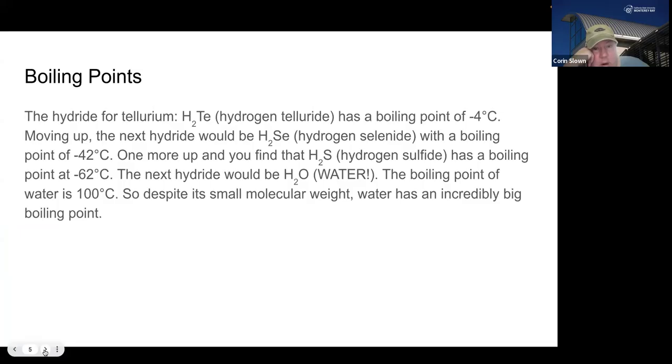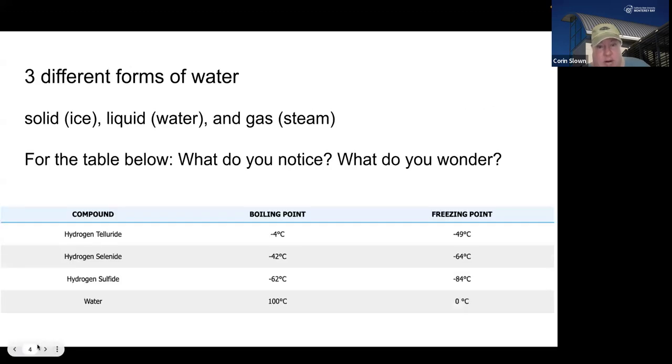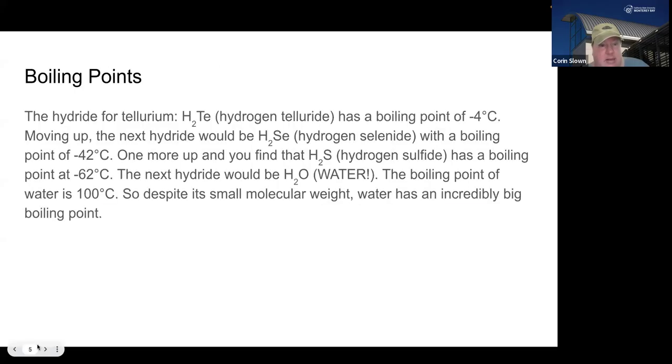And then, right, one more up, and that's H2S, the hydrogen sulfide. And that's water, right? So the boiling point for water is really unique. It has an incredible boiling point compared to the other values, right? So -4, -42, -62, and 100 degrees Celsius. So what accounts for that difference?